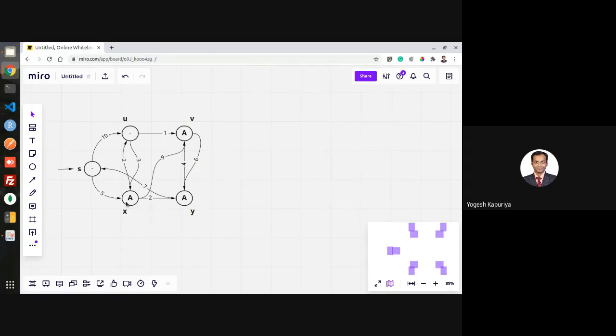So this is the scenario. The first step is to create a queue, right? The algorithm starts like this. Initially, it assigns some weight to every vertex.